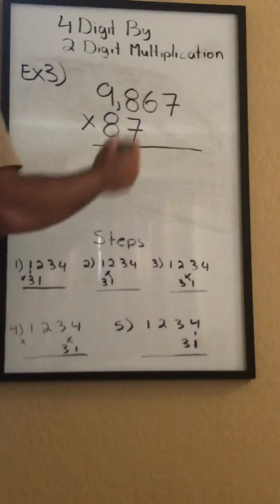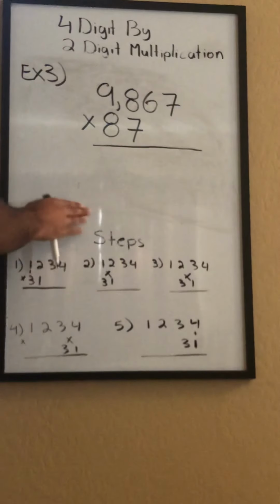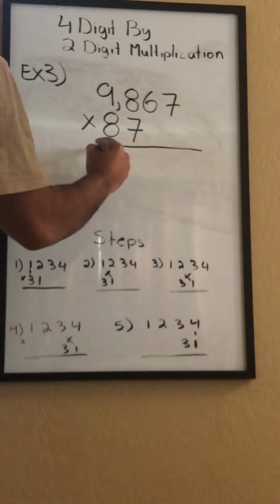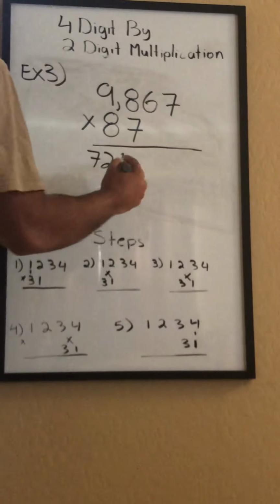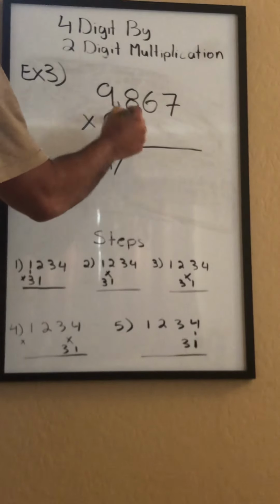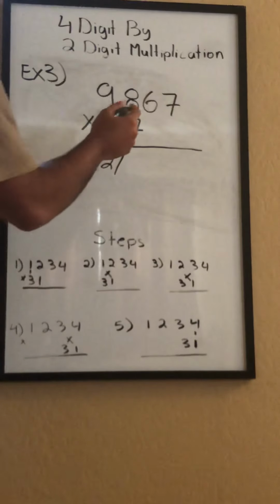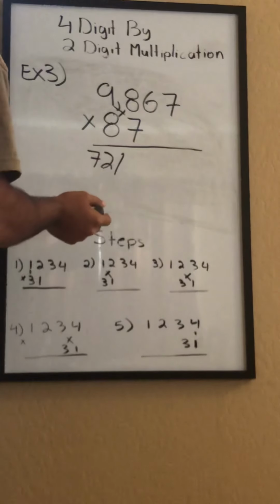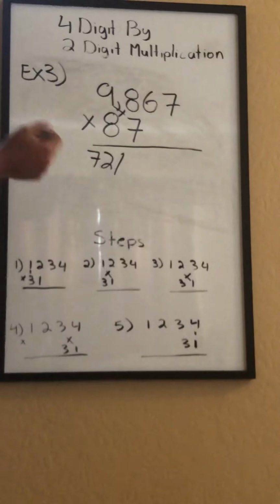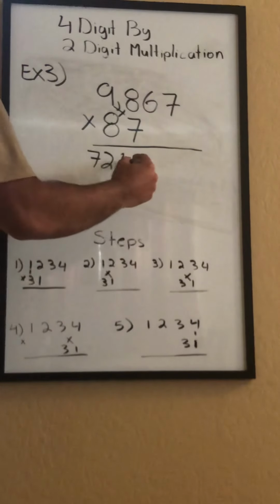Okay, so same process. That's what's great about this technique. It works in general. 9 times 8, 72. Sum of these cross products is the next step. 8 times 8 is 64. 9 times 7 is 63. 64 plus 63 is 127, so 127.